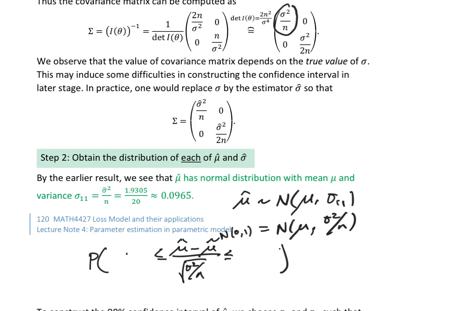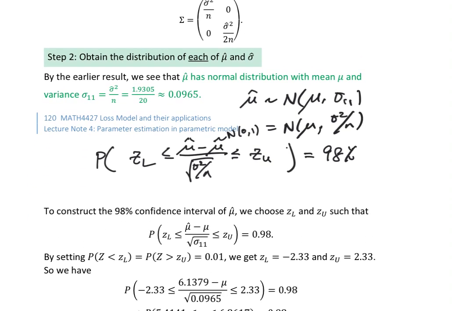Then we would like to find the ZL and ZU such that this probability is equal to 98%. If you want to find this ZL or ZU, remember we will focus on the symmetric confidence interval. That means we want 98% in the middle, 1% on the left and 1% on the right. Just using the normal distribution table, you get these two critical numbers.